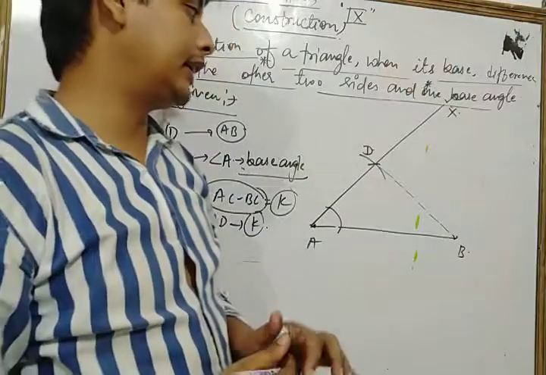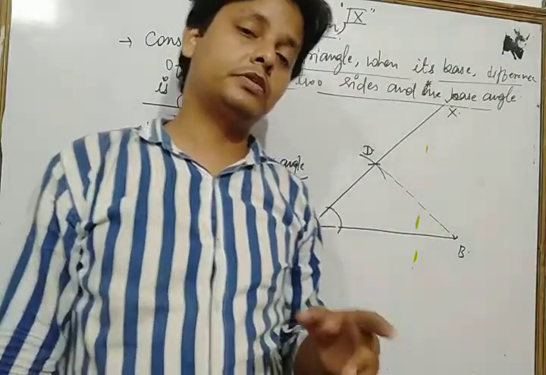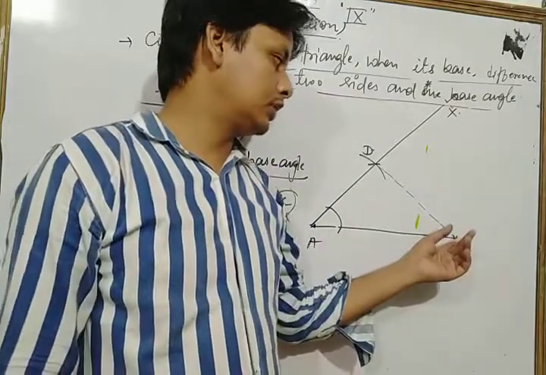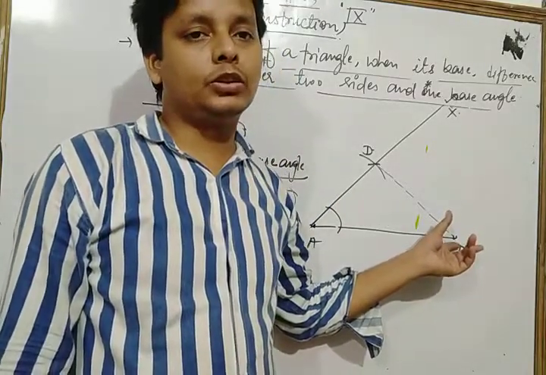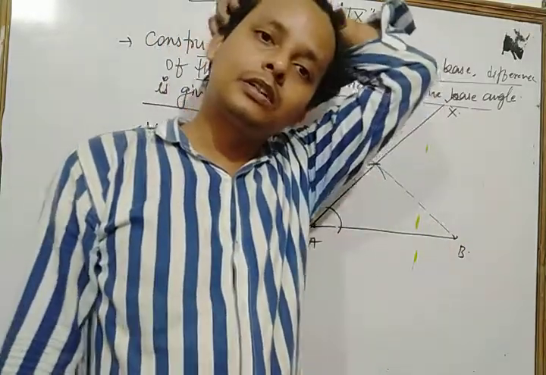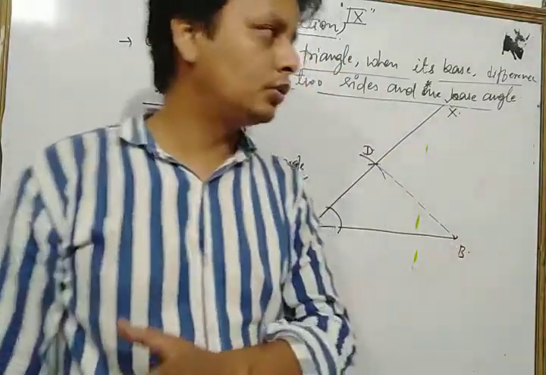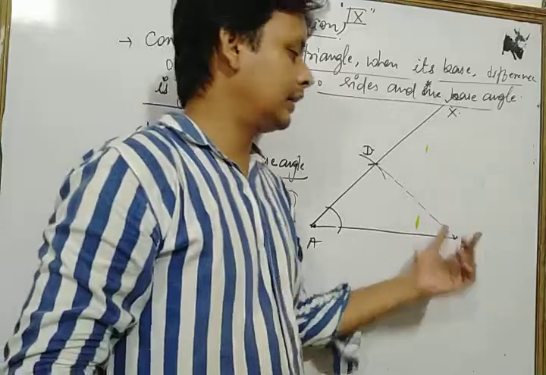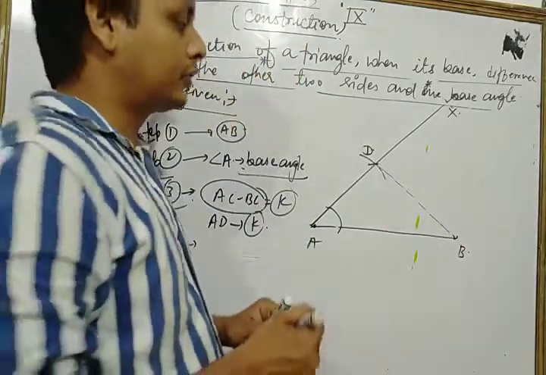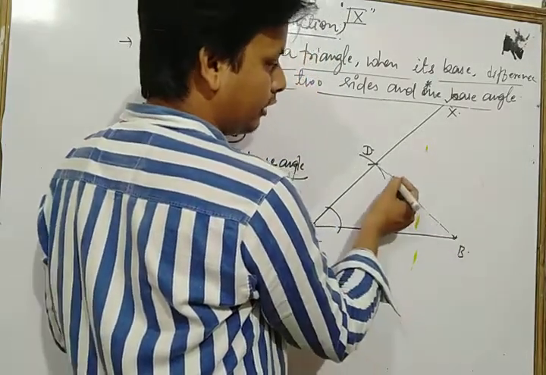You know that very well, in the first topic of that chapter in previous classes we also discussed the process to construct the perpendicular bisector of any line segment. Suppose BD is your line segment. To construct the perpendicular bisector, first of all we take B as center and distance equal to more than half of BD.